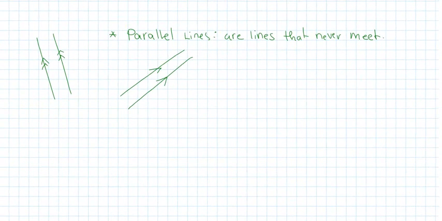Now, perpendicular lines. Does anyone know what perpendicular lines are? They are lines that meet at 90 degrees. So we say they're perpendicular to each other.